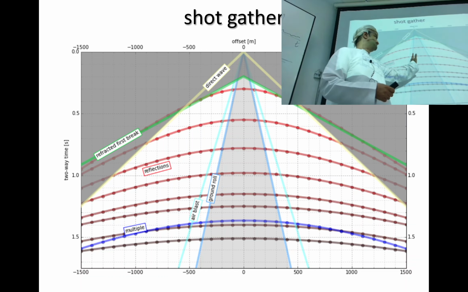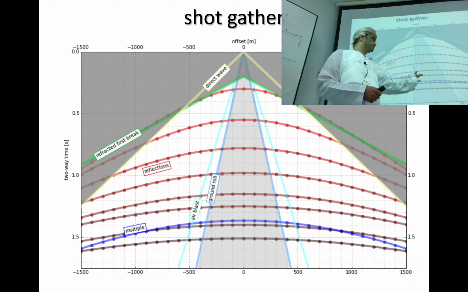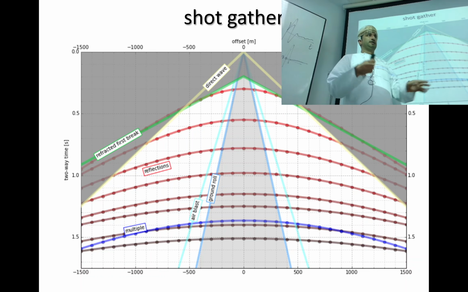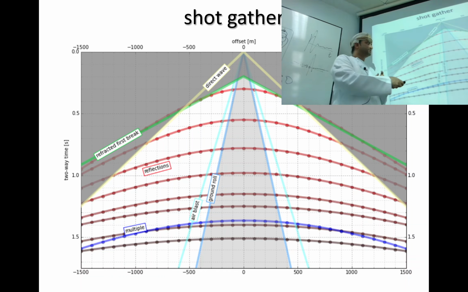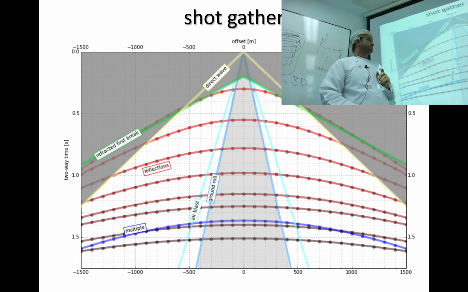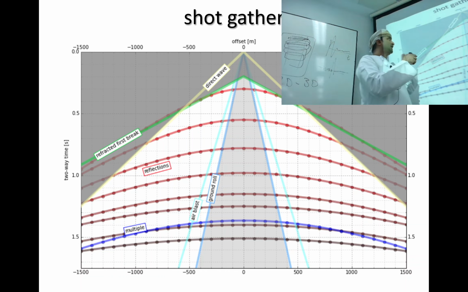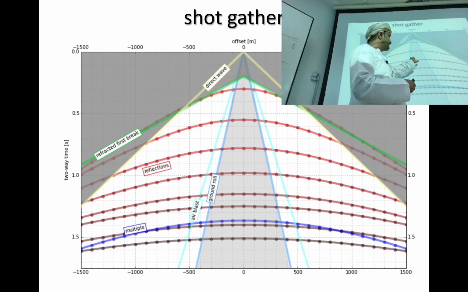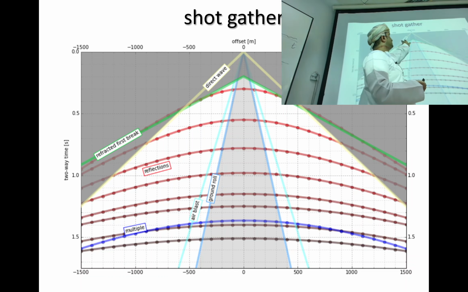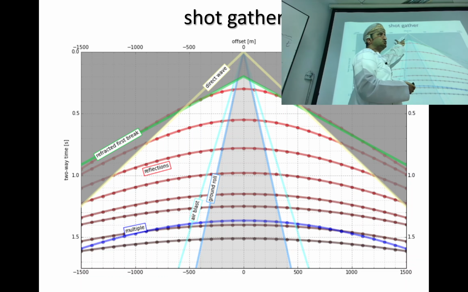Lower, yes, they are steeper. What is ground roll, by the way? Rayleigh waves. Surface Rayleigh waves are ground roll. It's easy to calculate velocities of linear features. This is a linear feature, that's a linear feature. You just take the reciprocal of the slope, and the reciprocal of the slope gives you the velocity.